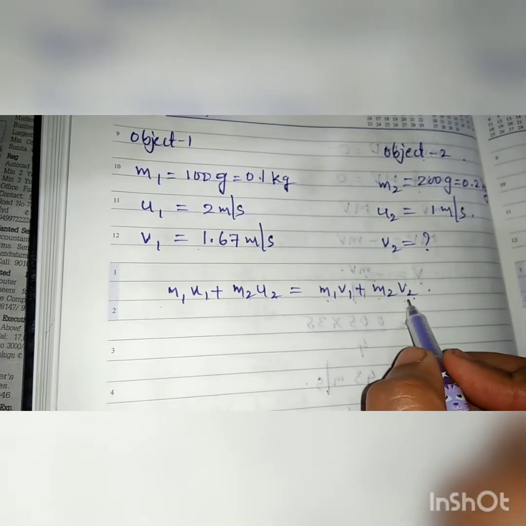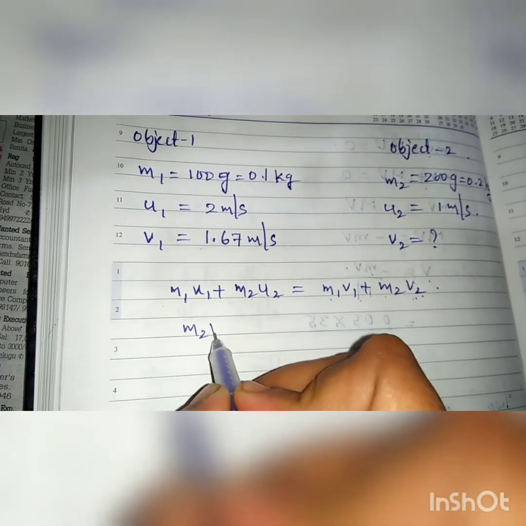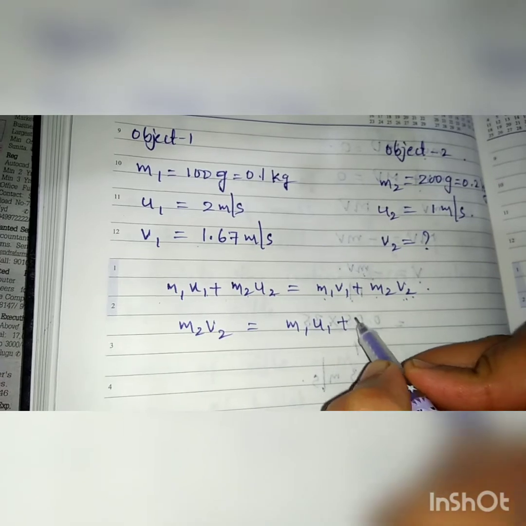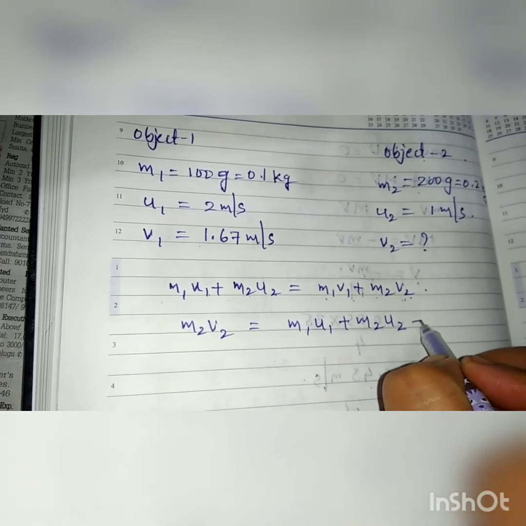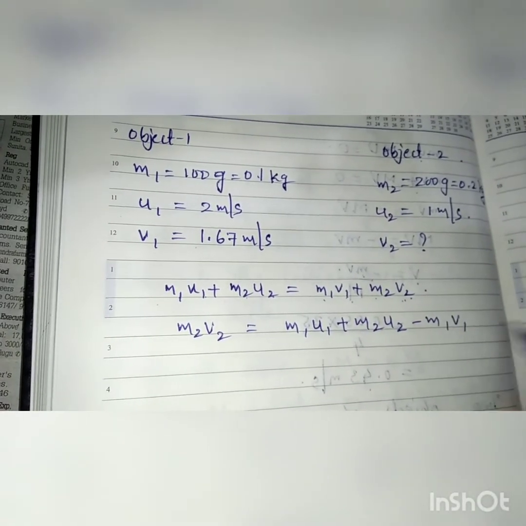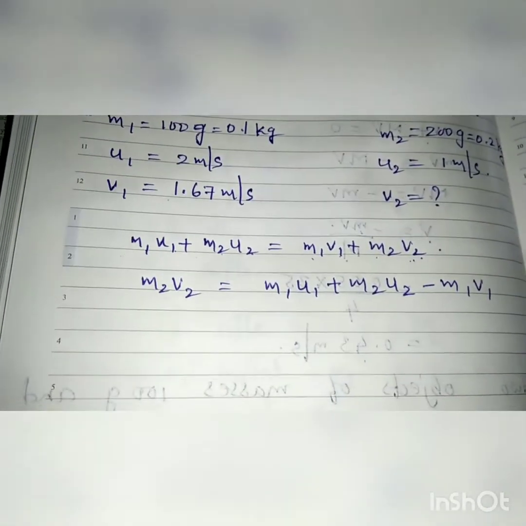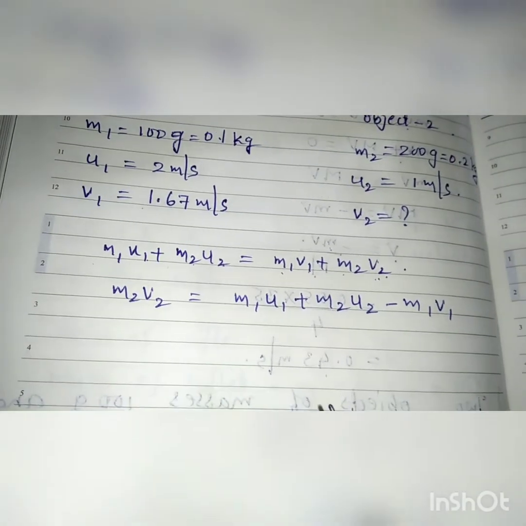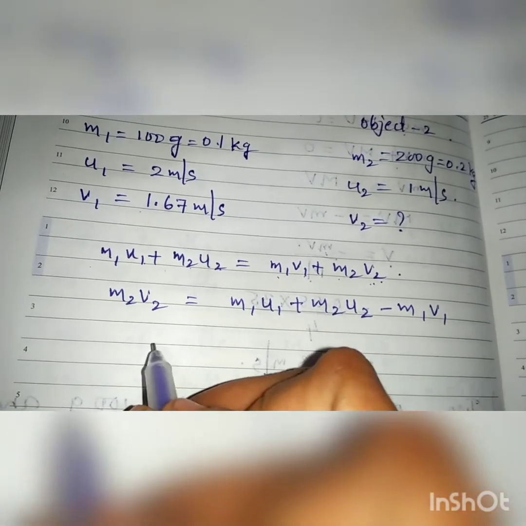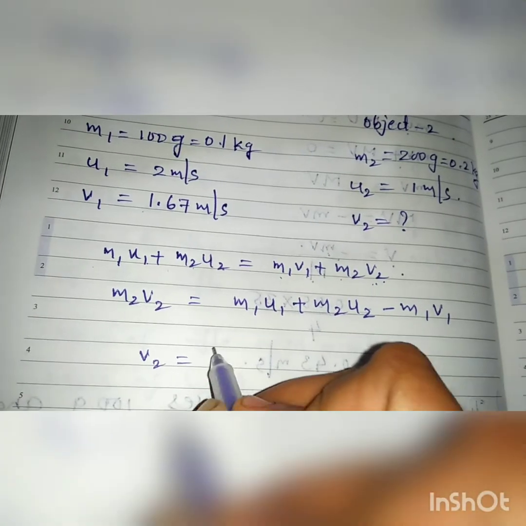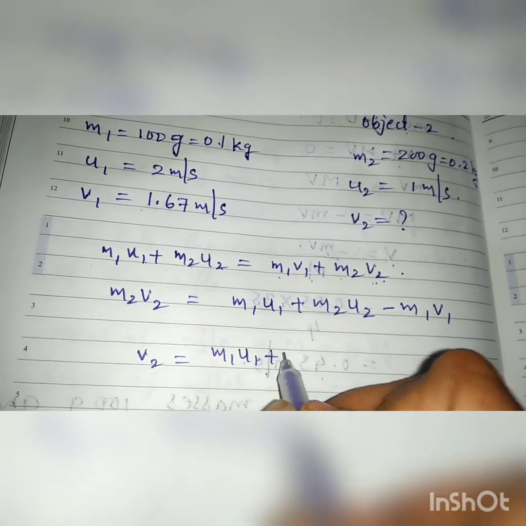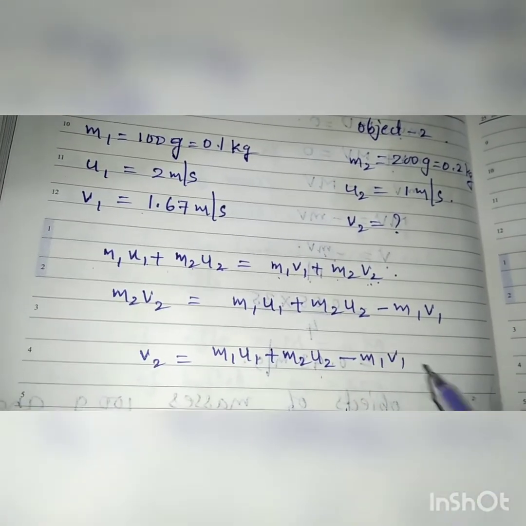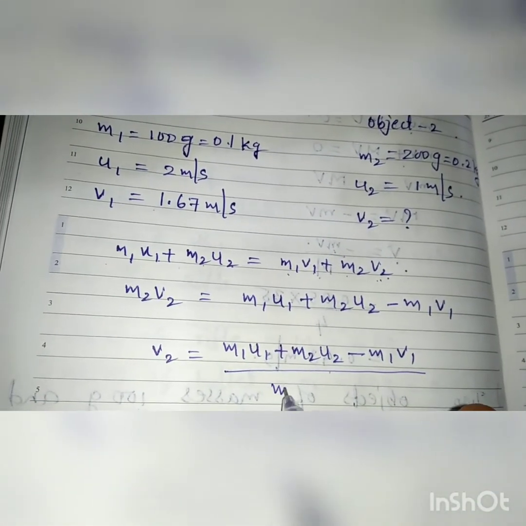As we are going to find v2, let us write m2 v2 separately: m2 v2 is equal to m1 u1 plus m2 u2 minus m1 v1. Just observe the sign convention we have written. Then v2 is equal to m1 u1 plus m2 u2 minus m1 v1, divided by m2.